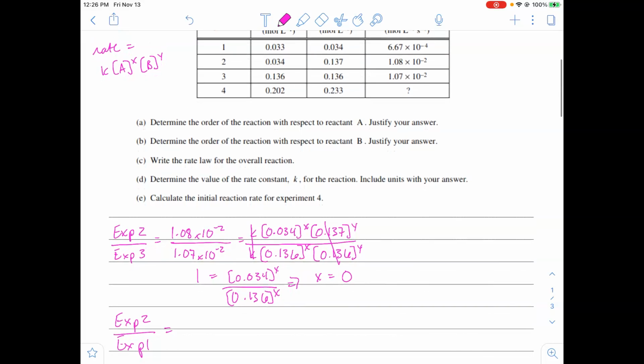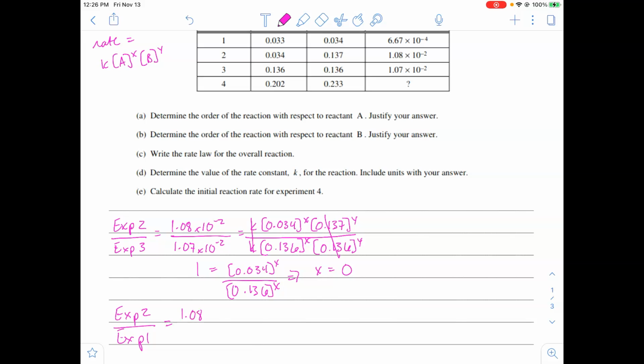Our rate for experiment 2 is 1.08 times 10 to the negative 2 divided by our rate for experiment 1, which is 6.67 times 10 to the negative 4, equals K times A, which is 0.033. This time we know X is 0, so we can plug that in, times 0.034 raised to Y, divided by K times 0.034 raised to 0 times 0.137 raised to Y.